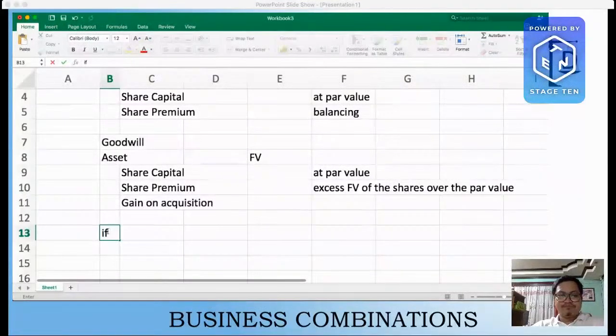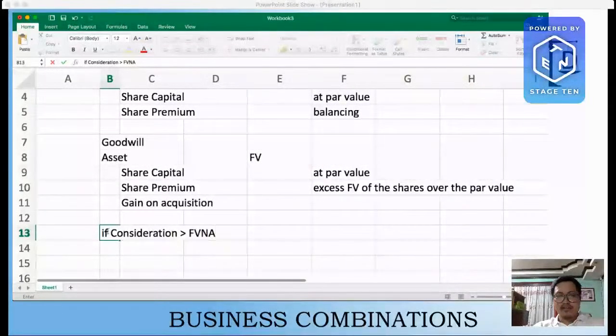If consideration is greater than fair value of the net assets, then it will result in goodwill.